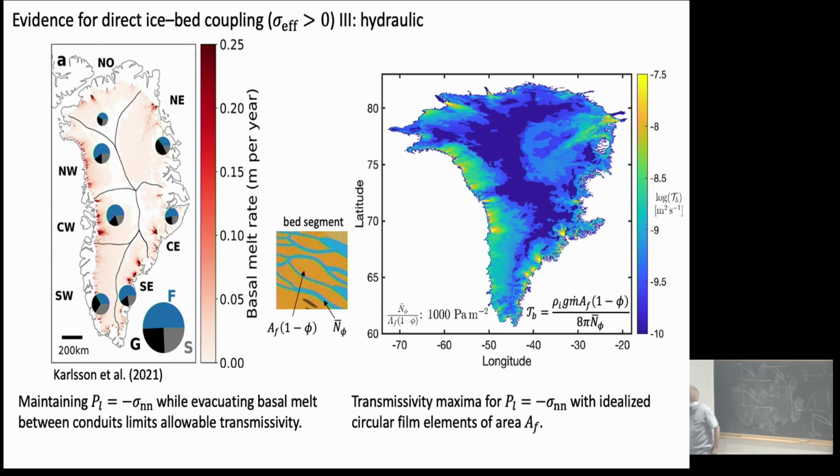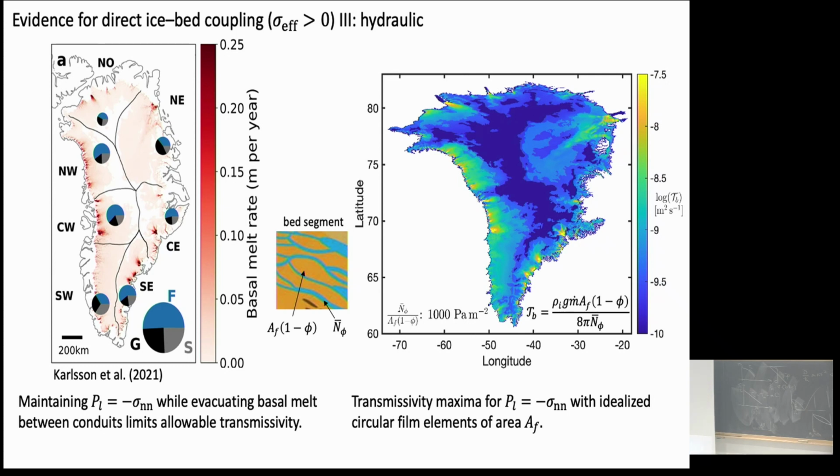This one I'm not going to take the time to go through, well, maybe I will a little bit. We do have data for melt rates underneath Greenland. And we know that the drainage systems are kind of complicated, but we know that there must be rivers or other sorts of conduits. And there's regions in between them where the ice is in close contact with the bed.